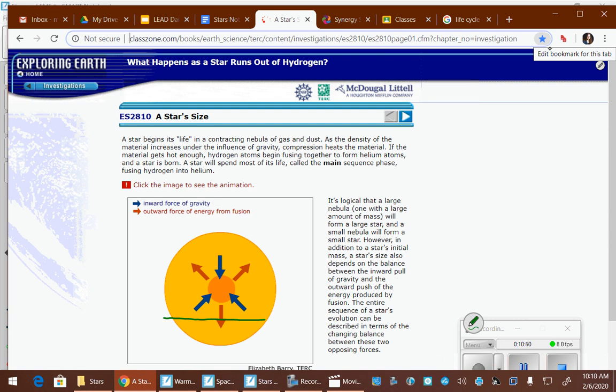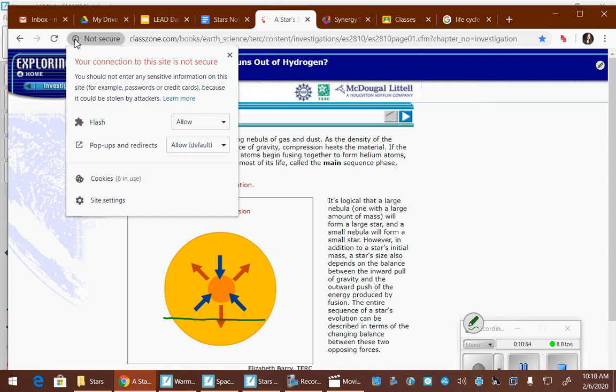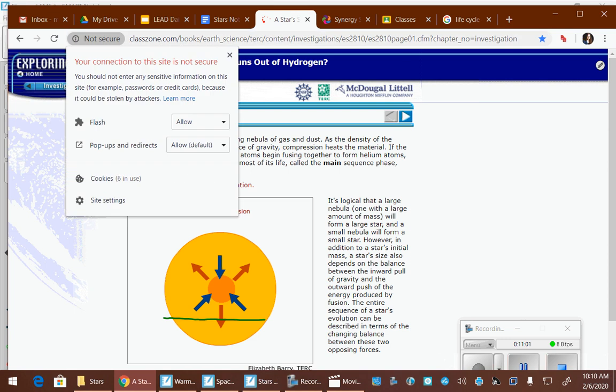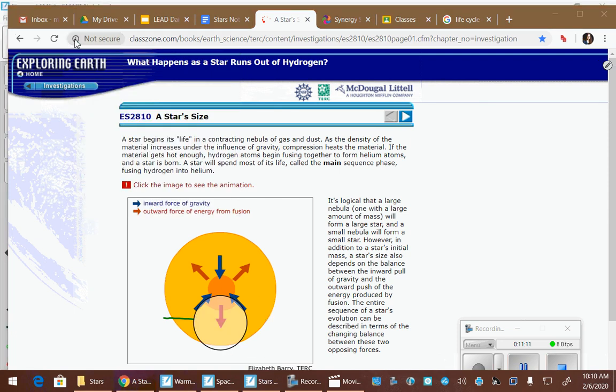If you look at my settings, it says Flash allow. Sometimes people have Flash set to block as opposed to allow. If that is the case, you might need to adjust those settings to say ask, and then you might need to reload the page in order to have this come up. We've done this in class before, so this should hopefully sound familiar.